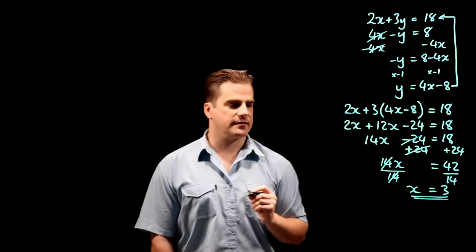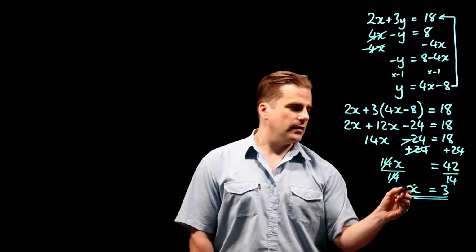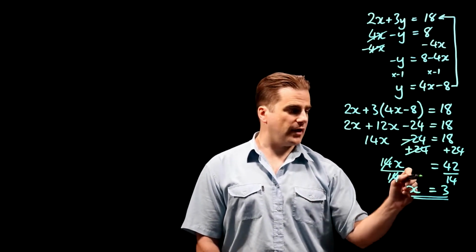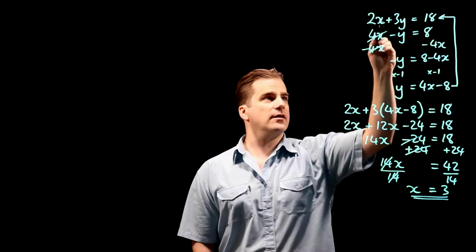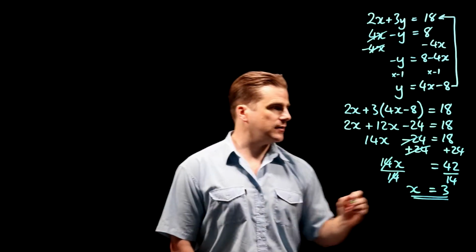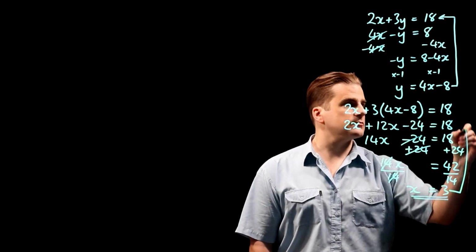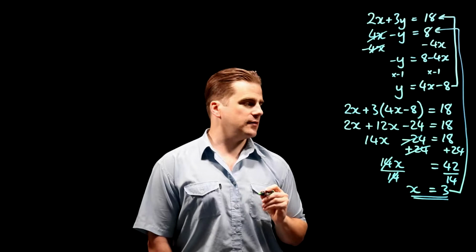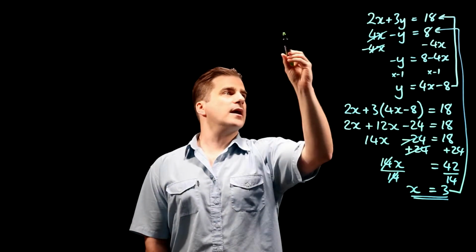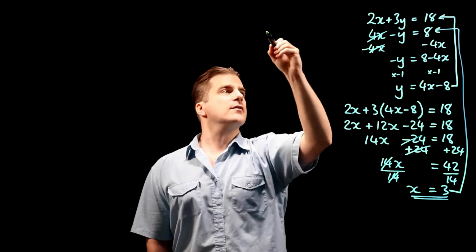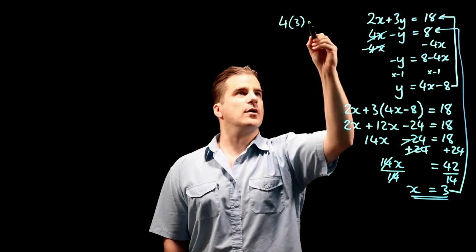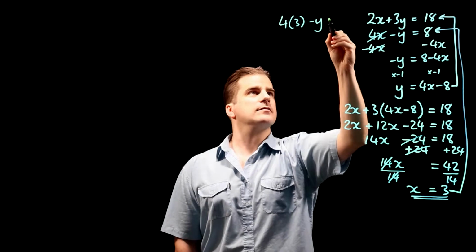Okay, we found x. Now, to get y, you sub that value of x back into either of the original equations. Doesn't matter which, I'll put it back into that one. So we get x is 3 for 4x minus y equals 8.